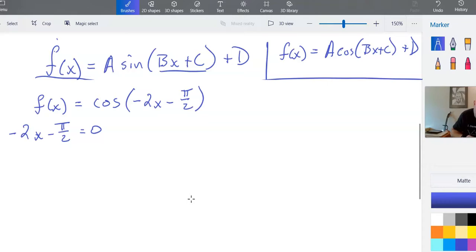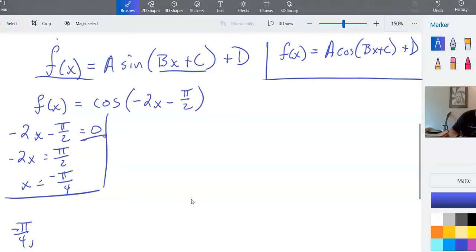So I'll add the pi over 2, and if I divide by negative 2 here, I get x is equal to negative pi over 4. Okay, so that's my first point. So negative pi over 4 is where I'm going to start this graph.